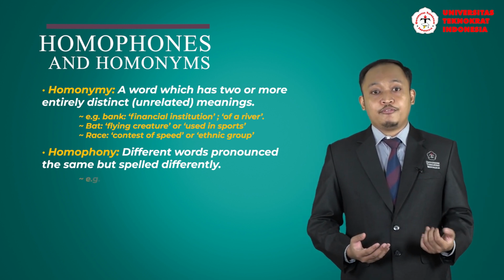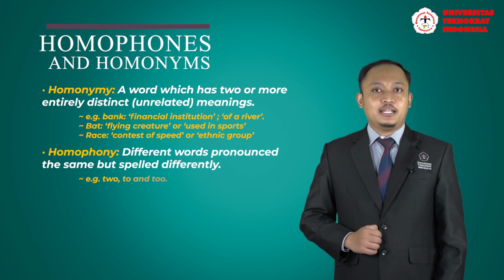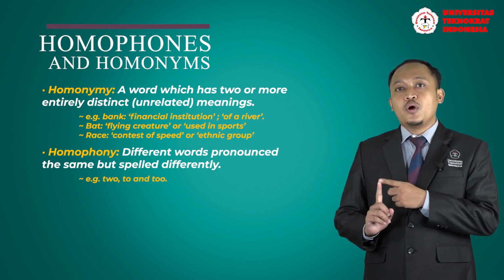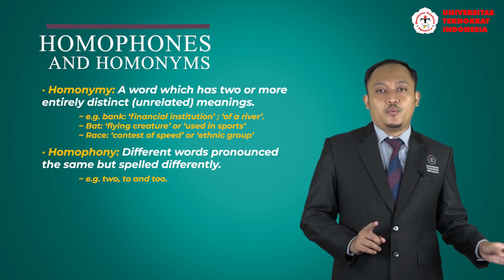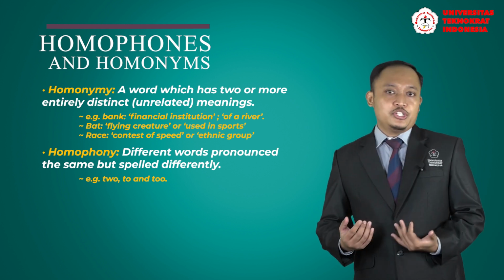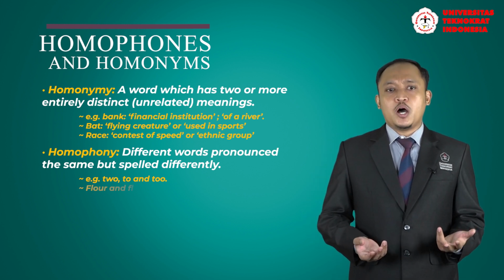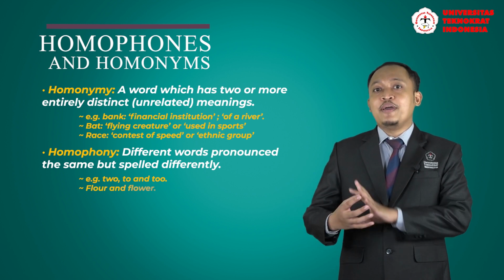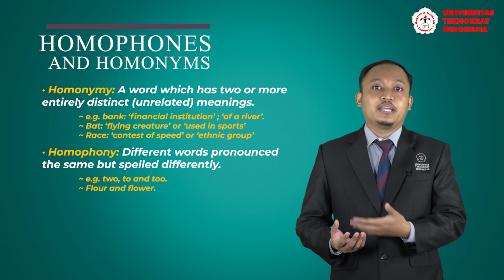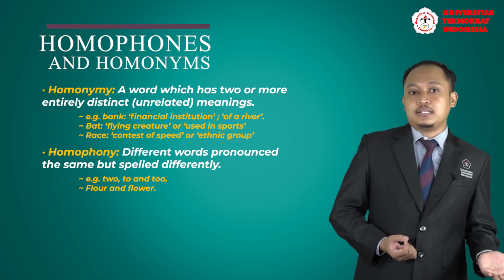For example, we have two as number 1, 2, and then the word to as a preposition, like to go, and also the word too that means similar conditions, like me too, for example. Next is the example of flour as the material for you to bake a cake, and also flower, like rose, jasmine, and sunflower, for example.